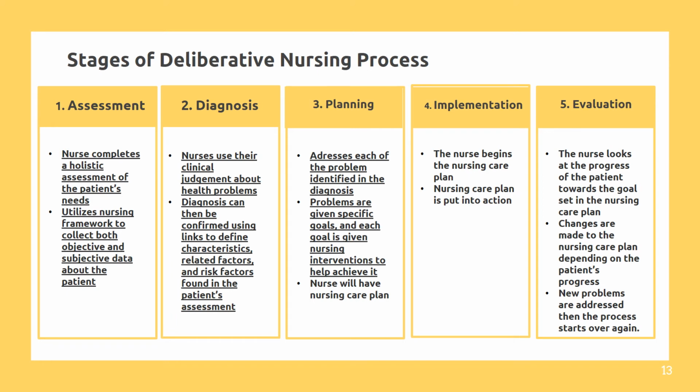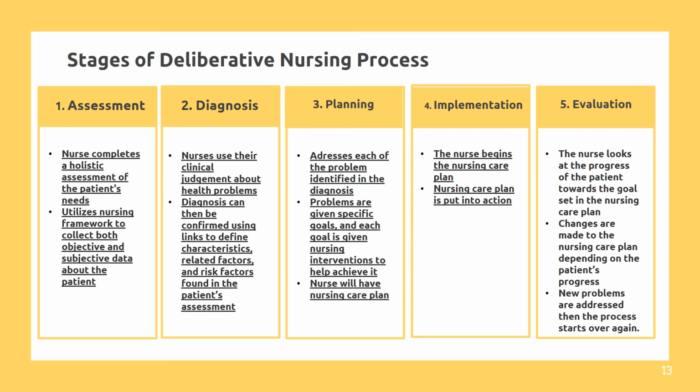Problems are given specific goals, and each goal is given nursing interventions to help achieve it. A nurse will then have a nursing care plan. Fourth stage is implementation. The nurse begins the nursing care plan. Nursing care plan is put into action.